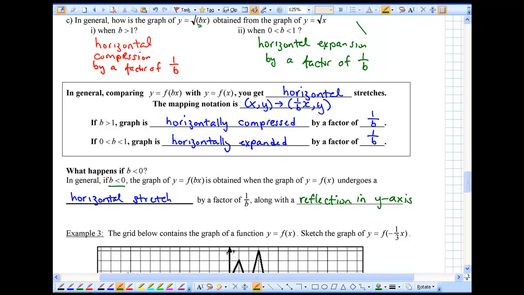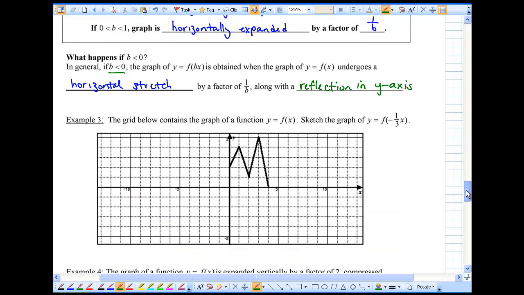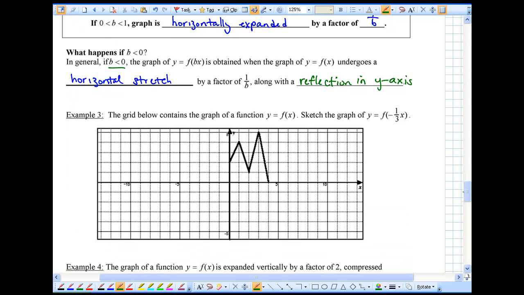So let's just take a look at a few more examples, and then I think we'll be done for this section. So here's a graph below. It contains this interesting piecewise function. We call it f of x, and I want you to sketch the graph of y equals f of negative 1/3 x. So we've got that 1/3, and is that a horizontal compression or expansion?